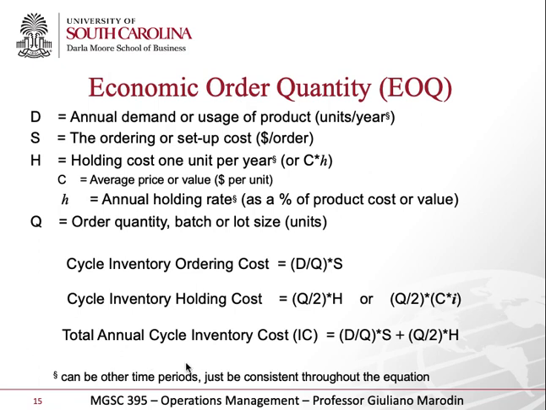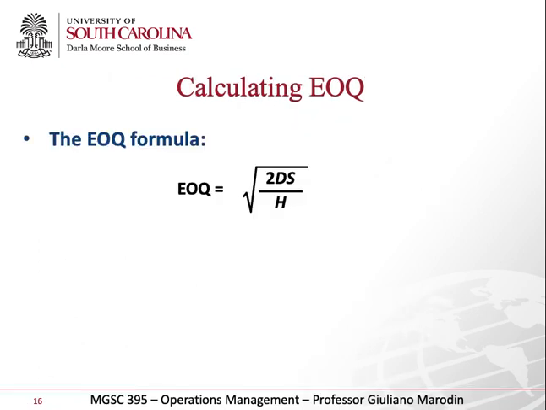To calculate the total annual cycle inventory cost, you add those two, ordering and holding cost. This is the formula for ordering cost. This is the formula for holding cost. The actual formula for the economic order quantity is just doing one part of that formula equal to the other one, so ordering equal to holding cost, and isolating Q in that formula.